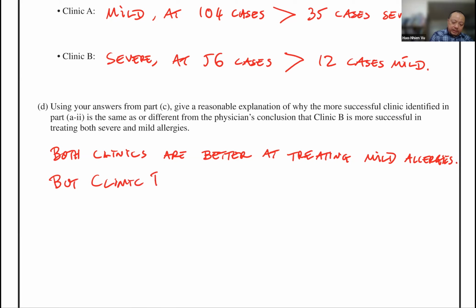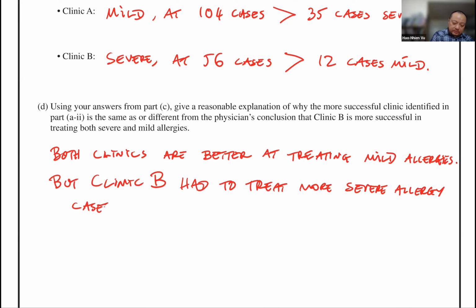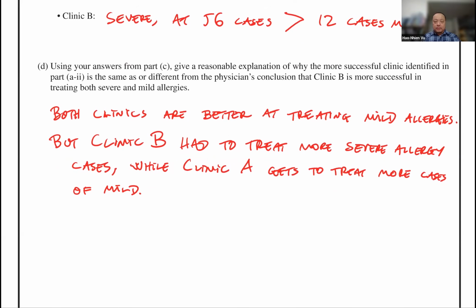But Clinic B has to treat more severe allergy cases, while Clinic A gets to treat more cases of mild. So in other words, A gets to play to its strength, whereas B had to play to its weakness.